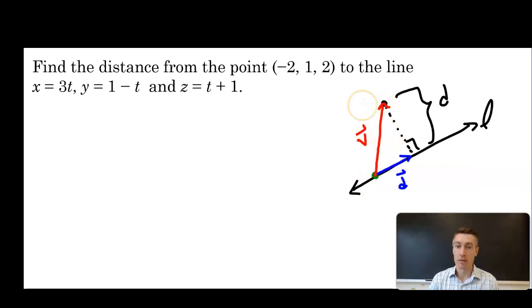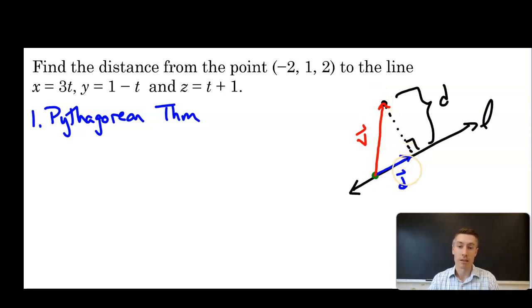Call that vector v. So our first method, we can use the Pythagorean theorem. So we can find the magnitude of vector v. We can find the magnitude of the scalar projection.